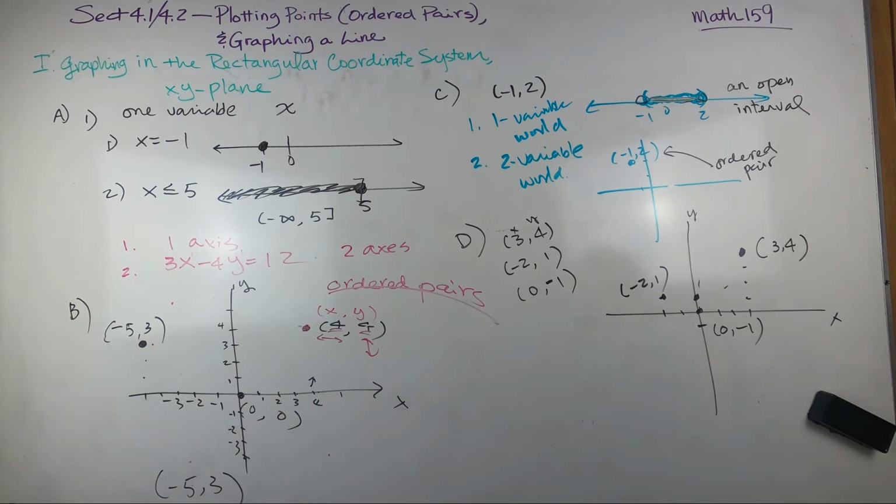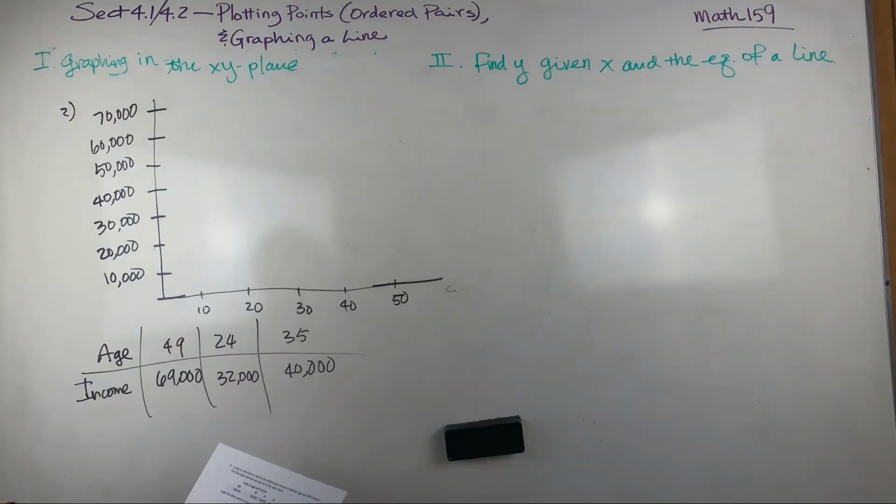Okay, then let's look at the next example with a bunch of words on your page 32. It says, a survey was done to look at the relationship between a person's age and their income.